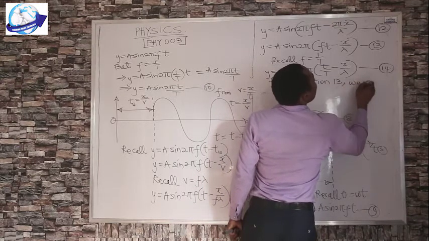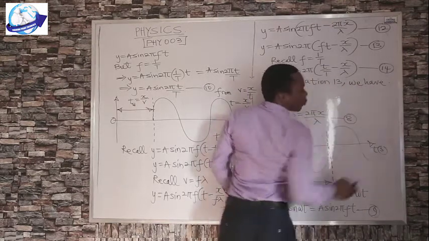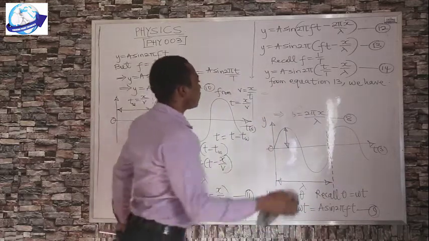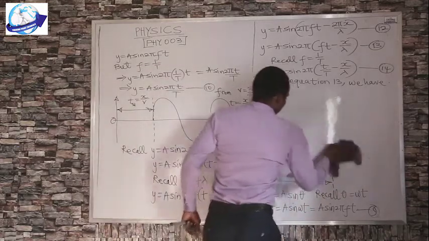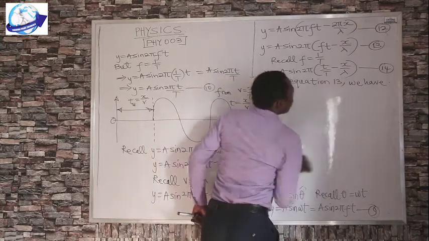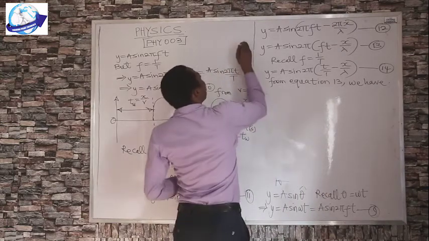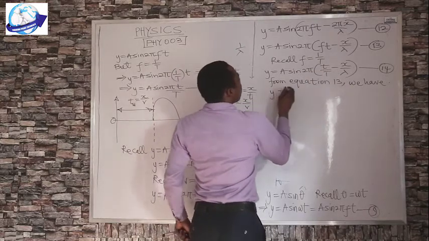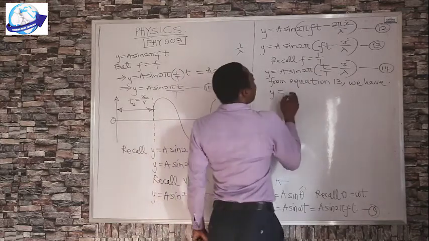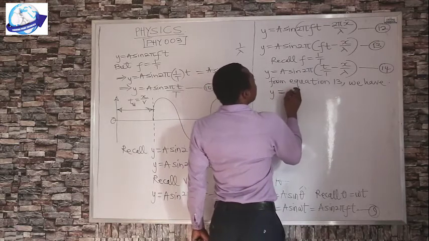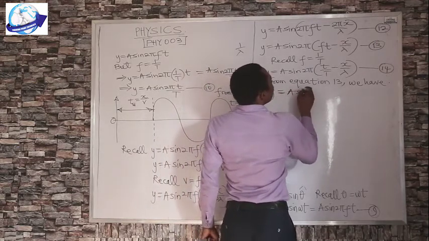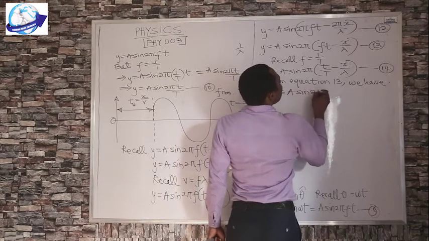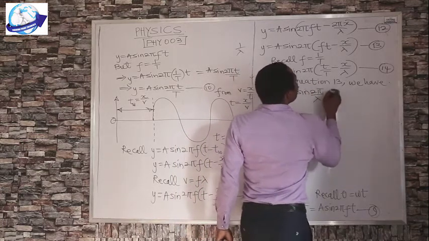From equation 13, we obtain some of the wave equation. When you factor out 1 over lambda from this, you have y equals a sine 2 pi all over lambda.